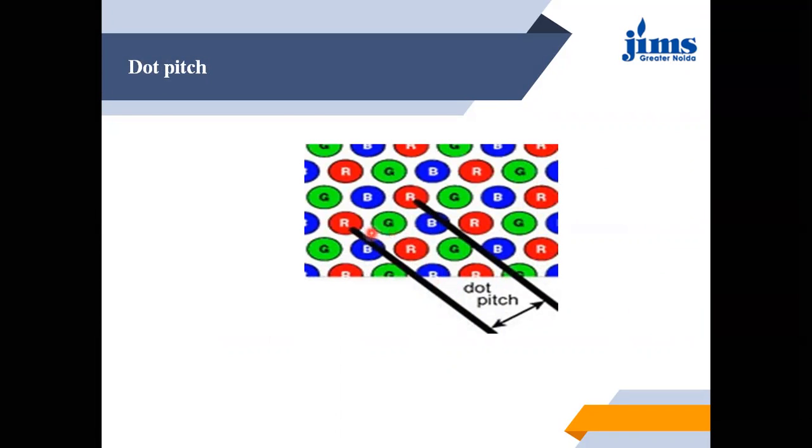When we consider these two red pixels, which are nearby, the distance between these two is the dot pitch. We can consider this red as well as this red also. The dot pitch of each and every pixel will be equal. If we consider the dot pitch between these two, it will also be equal.